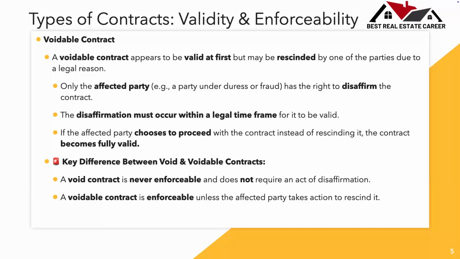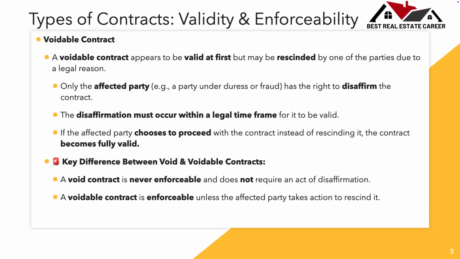And I think one of these questions is going to be around a voidable contract. And a voidable contract actually looks valid. So everything on the surface looks good. We went through, we did all the check boxes, and we feel like we have a solid contract.